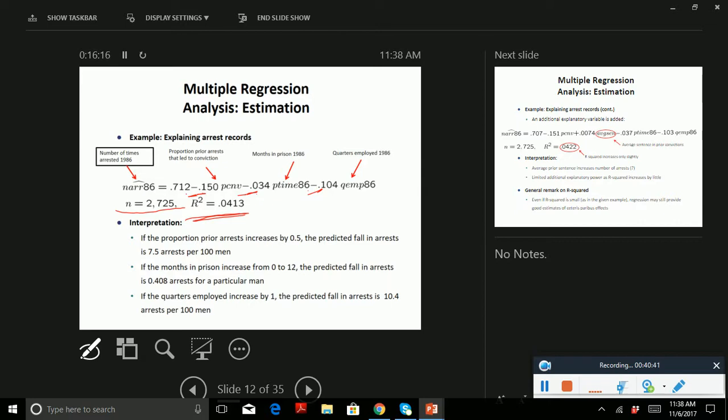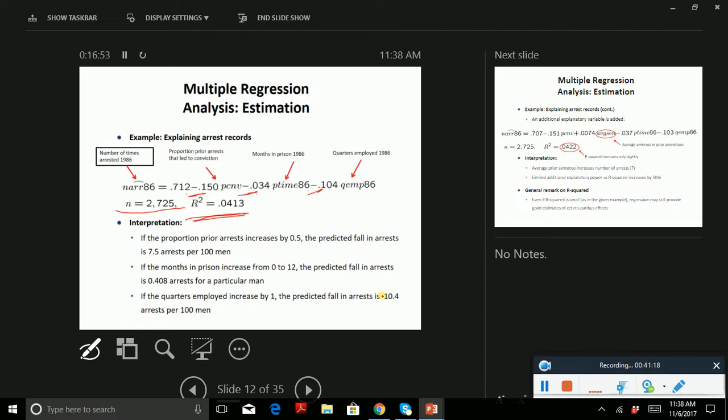If you are employed, for example, then your number of times being arrested changes by negative 0.104. So if the quarters employed increase by 1, the predicted fall in arrests is 10.4 arrests per 100 men, or 0.104 per man. So if you're employed, then your arrests will go down.